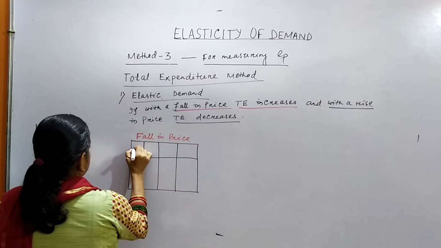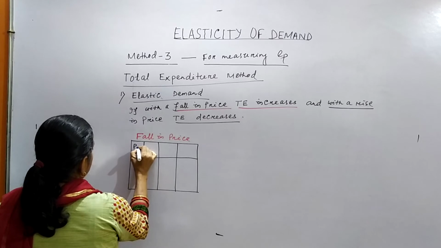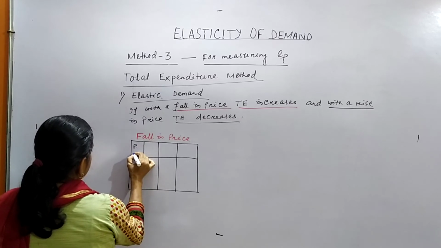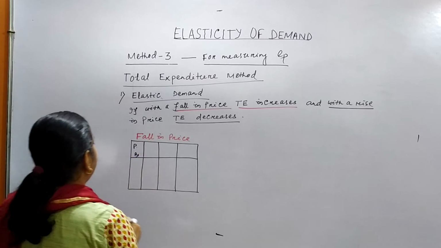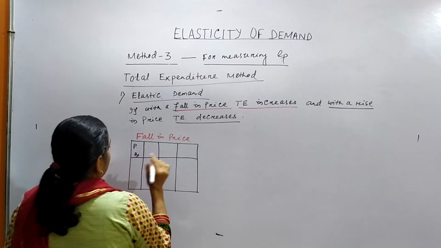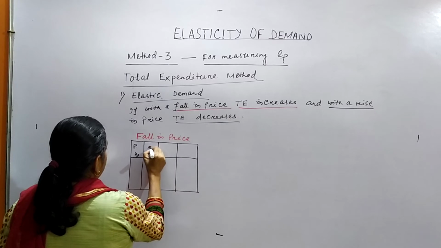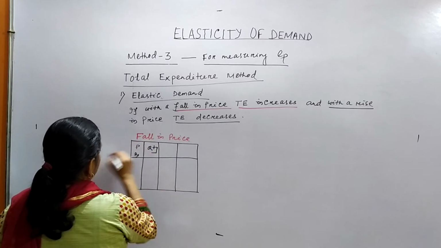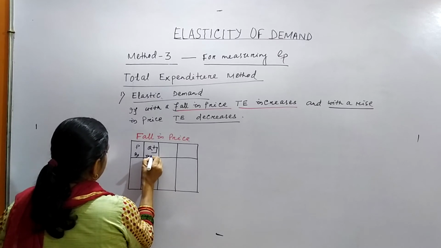This is price, P, measured in rupees. This is our quantity, measured in units.